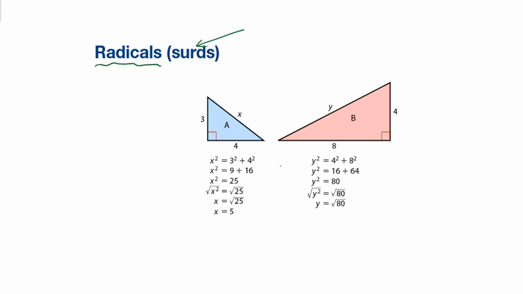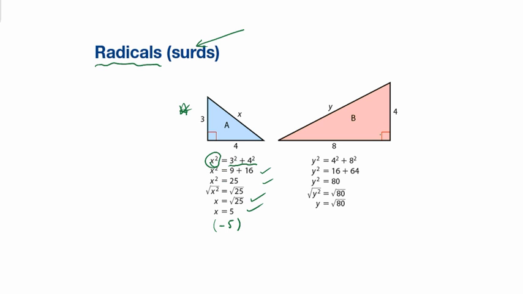Let's have a look at these 2 right-angled triangles. Let's look at this one here for a start. By Pythagoras, the square on the hypotenuse equals the sum of the squares on the other 2 sides. So x squared is equal to 25. To find x, we'll find the root of 25, which is 5. Oh, but hang on, it is also -5, isn't it?